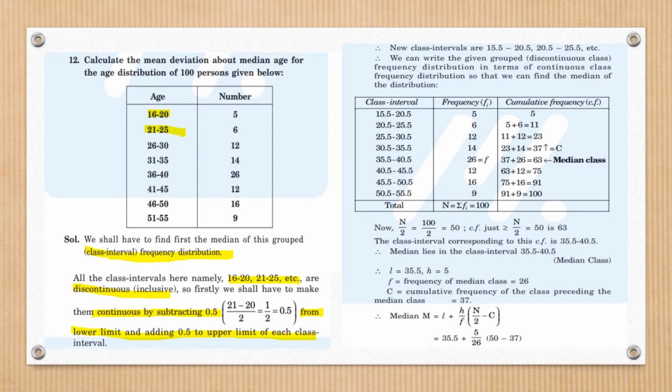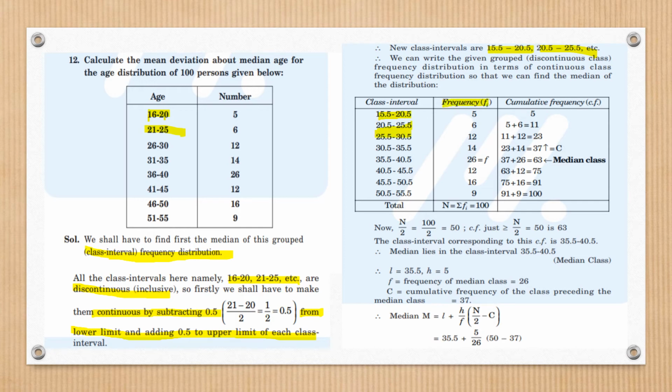So it becomes 15.5 to 20.5, then 20.5 to 25.5, and this way the intervals are made continuous. So these are class intervals.